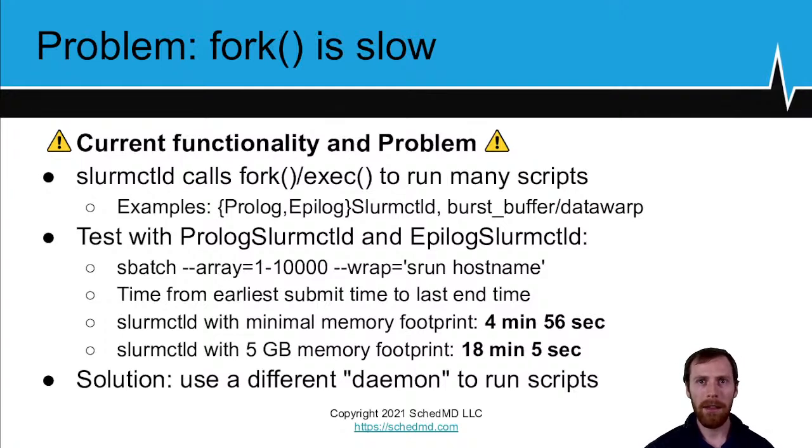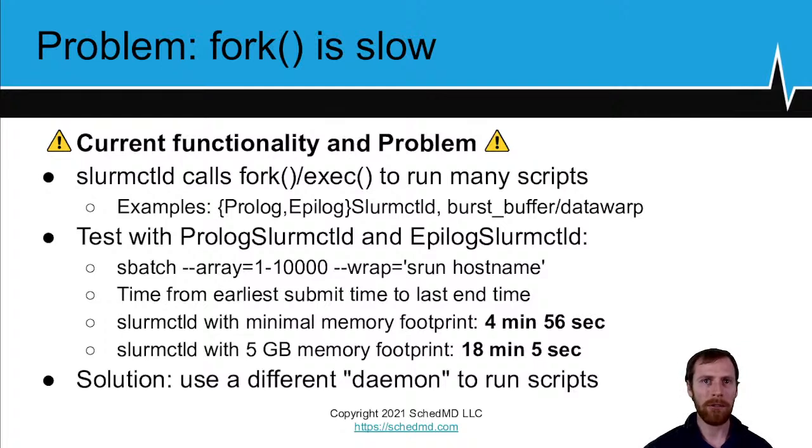I ran 10,000 jobs, and with slurmcontrolD at very minimal memory, it took almost 5 minutes. But when slurmcontrolD had a 5 GB memory footprint, it took over 18 minutes. Very slow, and the sites that were running burst buffer DataWarp really saw this because every single DataWarp call is forked from slurmcontrolD.